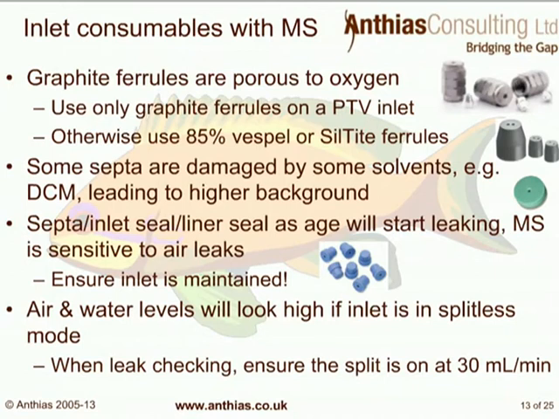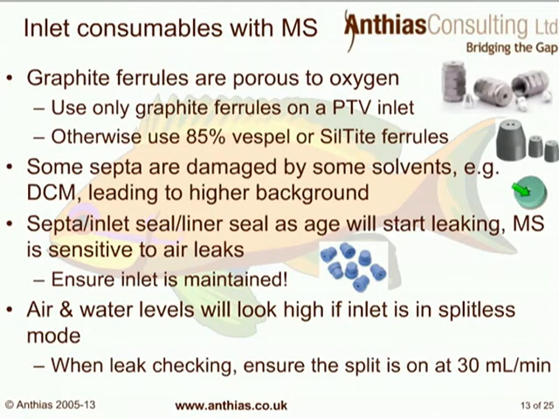Thinking about the septa in the GC inlet, just here, some septa are damaged by solvents. For example, dichloromethane is particularly aggressive. Damage of septa will first of all lead to leaks within the GC inlet, but also a bleeding septum, even if it's swept with a septum purge, can lead to a higher background.